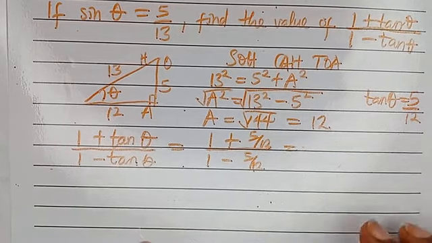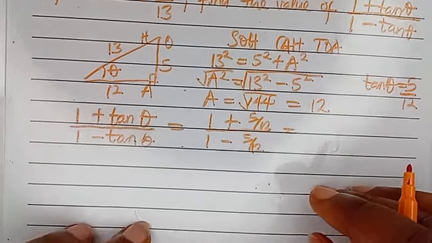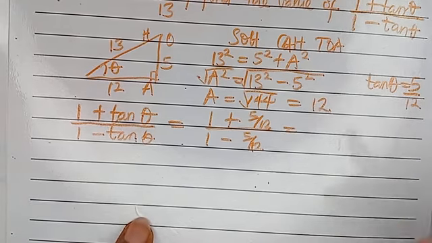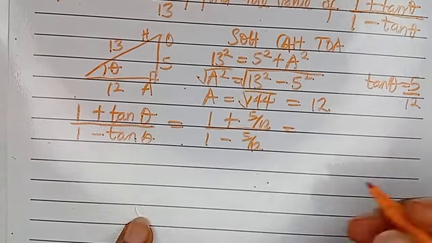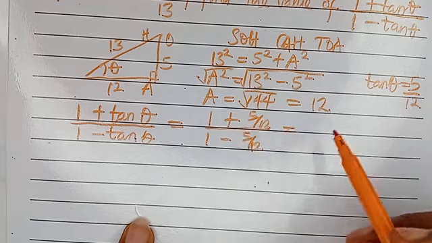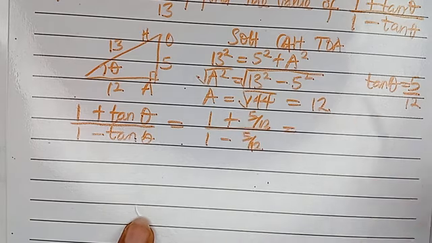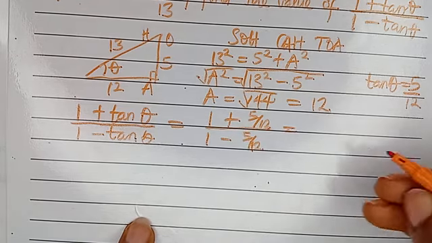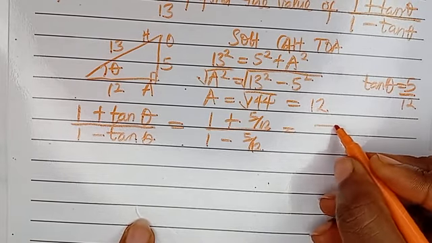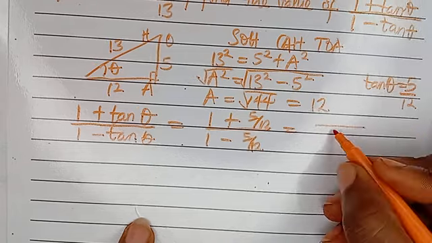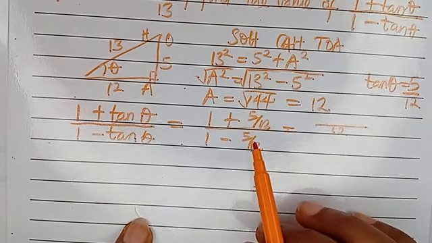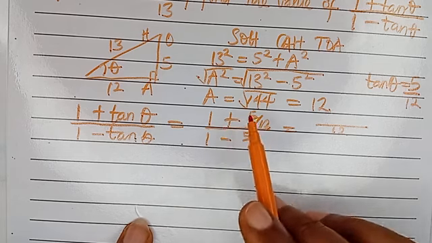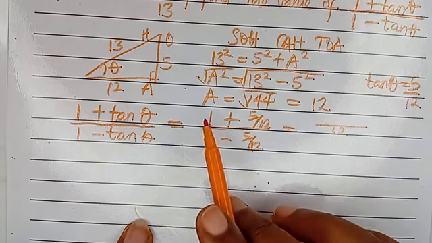Now we are going to solve the numerator and the denominator separately. For the numerator, let's just say that 1 is 12 over 12. Let's get a common denominator for both of them, which is 12. Any number is always over 1, so this is 1 over 1, which is 1.